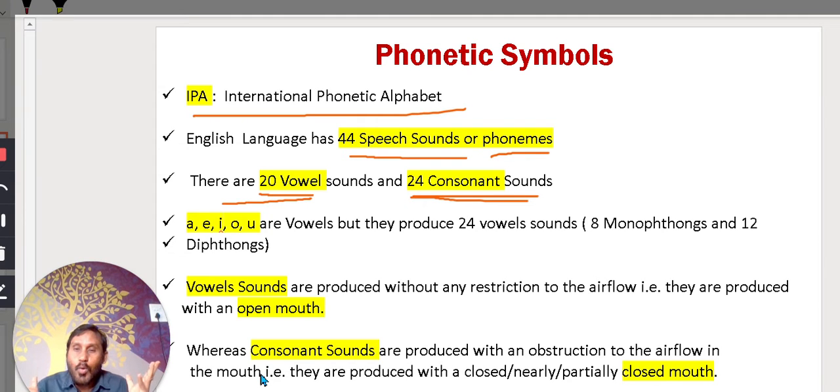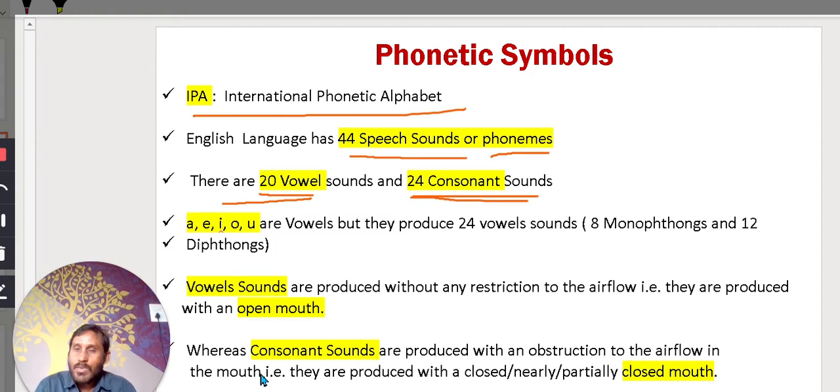When the mouth is open without any obstruction, then those sounds are called open sounds. That means they are vowels. When there is some kind of obstruction, whether the mouth parts come together, there is a little bit of friction, or two organs of speech completely close the mouth, there is an obstruction to the airflow.